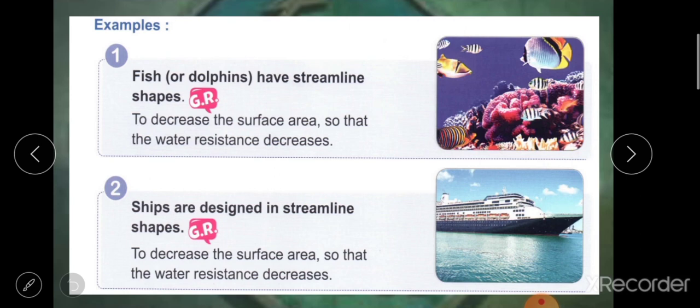By increasing the speed, both of them will increase, and by decreasing the speed, both of them will decrease. So there is a direct relationship between the speed and the air resistance or the water resistance. Then the surface area. By increasing the surface area, the air resistance or the water resistance increases, and by decreasing the surface area, they decrease. So there is a direct relationship between them.